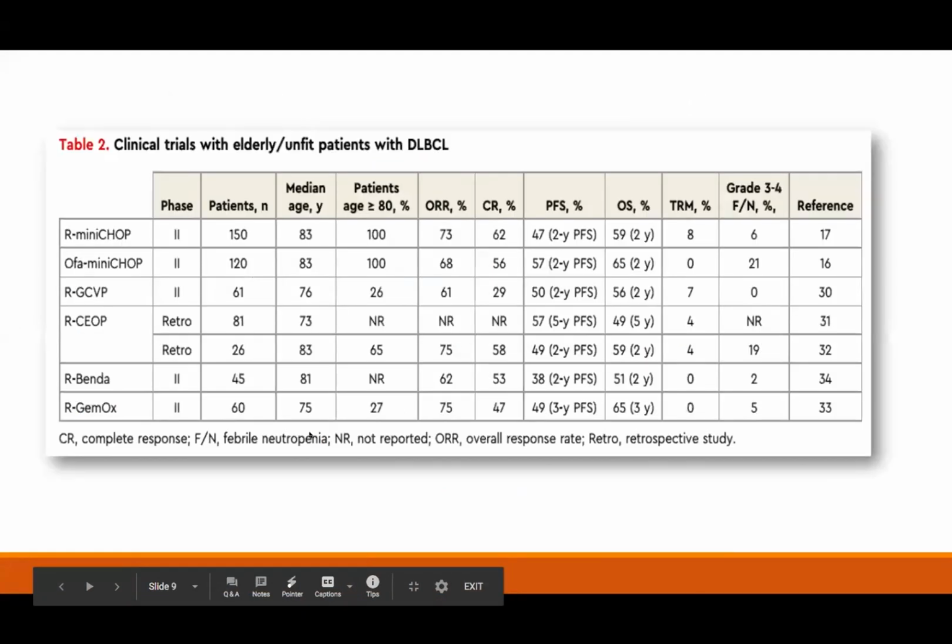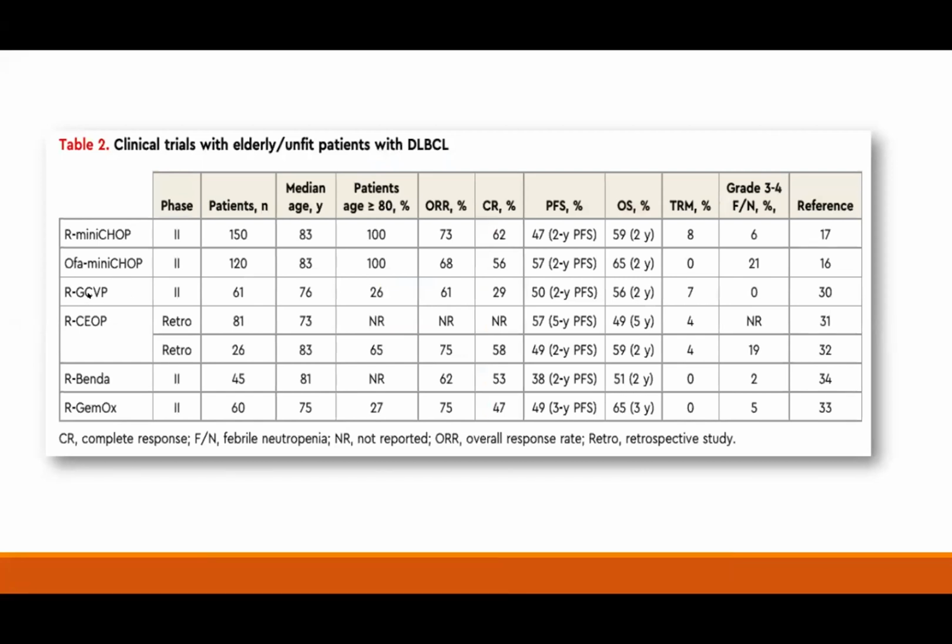There are multiple alternatives replacing gemcitabine, etoposide, bendamustine, and oxaliplatin and gemcitabine at the level of CR and overall survival, in this circumstance a bit off when it comes to PFS. So why is it important to look at this data?